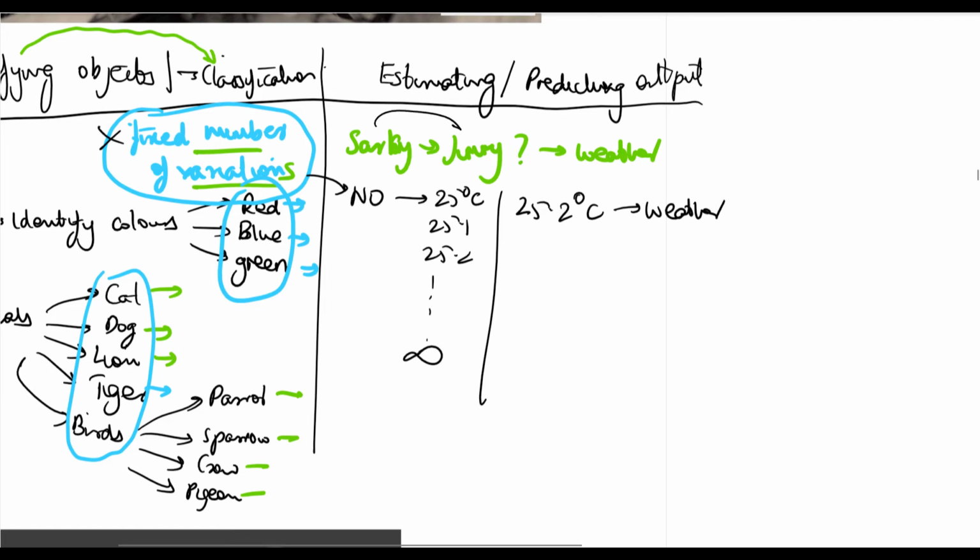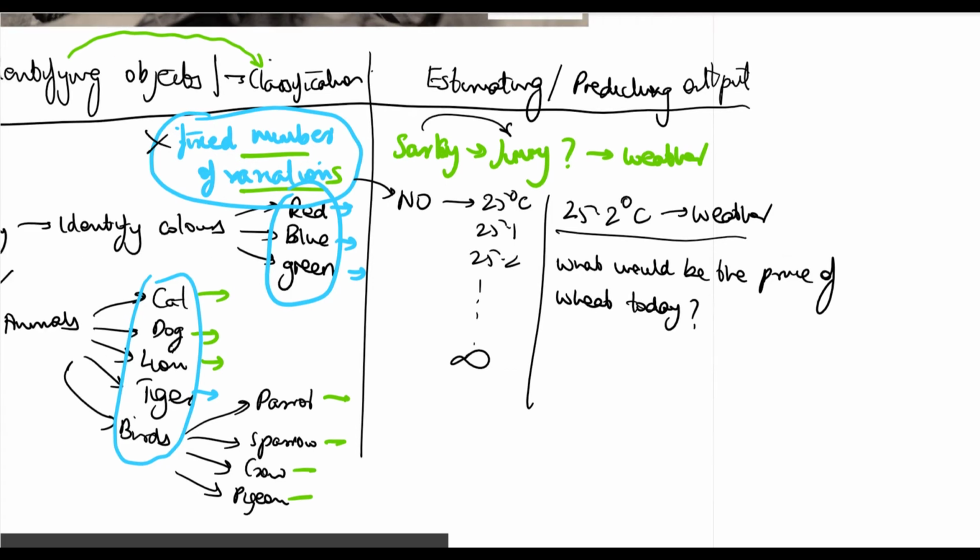Similarly, Sarah might ask Jimmy what would be the price of wheat today. Now the price of wheat today could be any number, and it does not have a fixed number of variations.